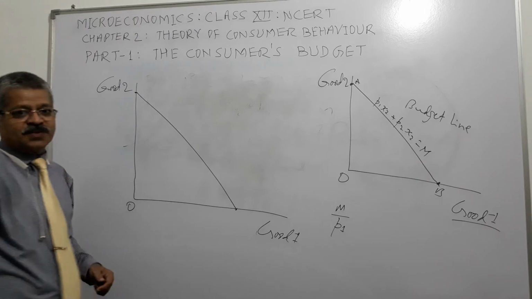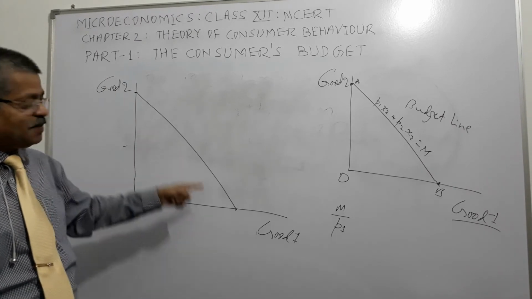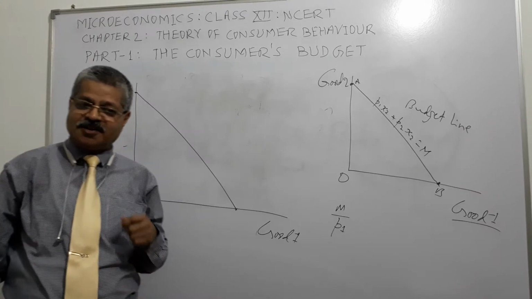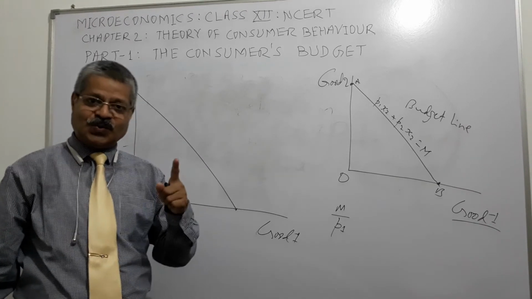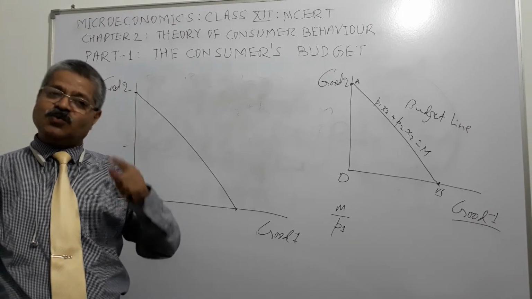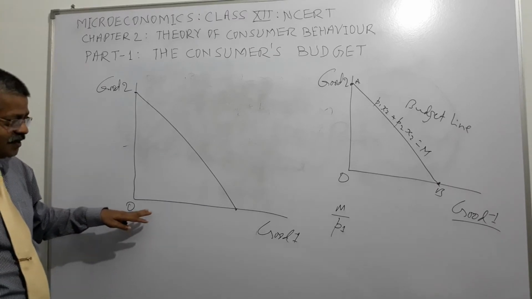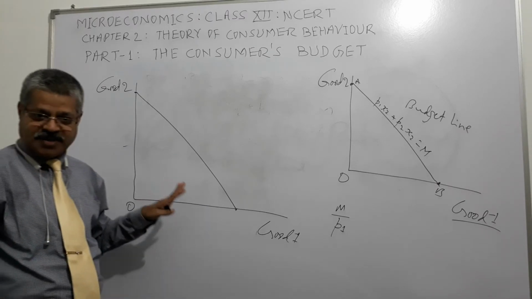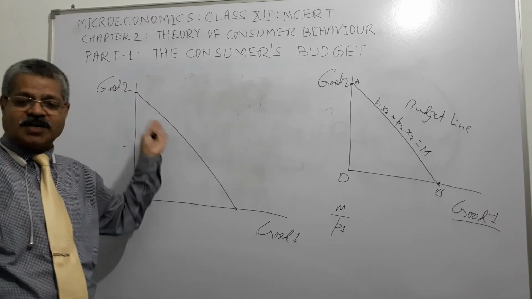Right? So, the slope of the budget line, this is the budget line, measures the amount of change in good 2 required per unit of change in good 1. Suppose, the slope of the budget line, and what is the formula?